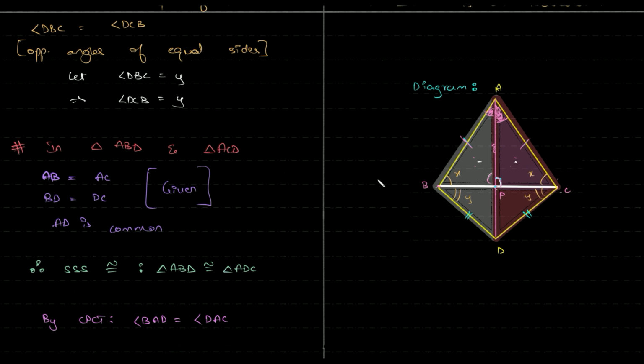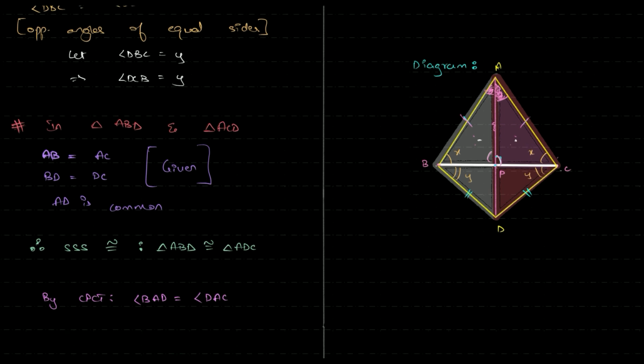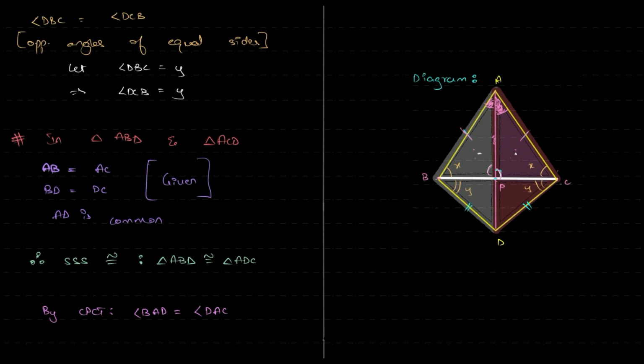And with this information, I can prove these two small triangles are equal. So there is one more thing that I have to write actually. Let P be the point of intersection of BC and AD.